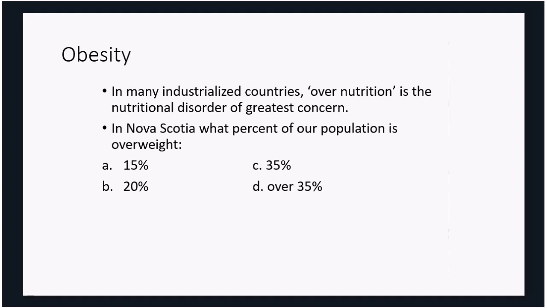Depending on which source you look at, Stats Canada actually sets Nova Scotia at 37.5%. So D is the general consensus. Even a few years ago it may have been lower than that, but the latest Stats Canada results are saying over 35% of our population is overweight.